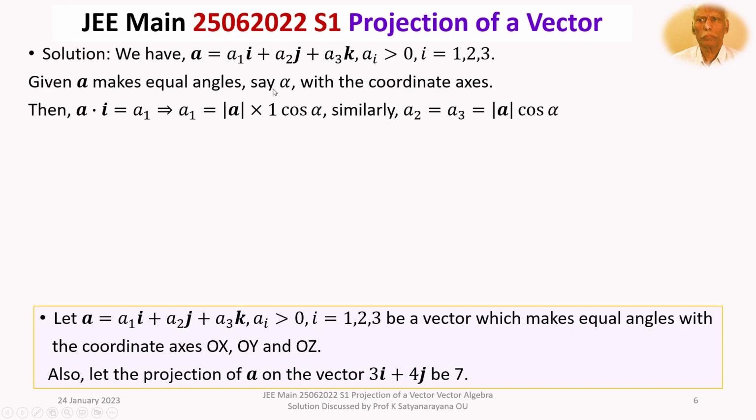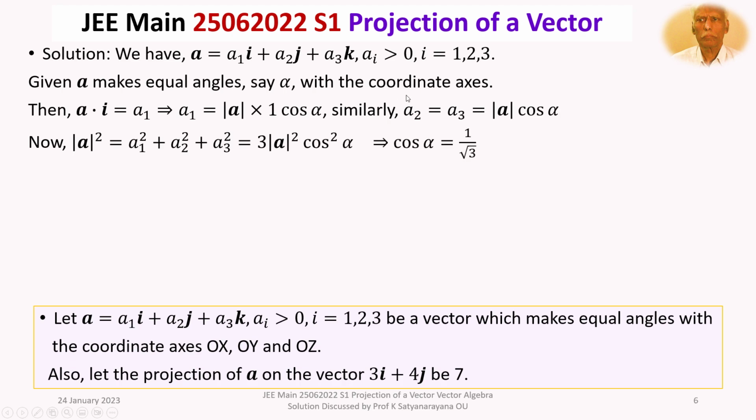Because it makes the same angle, we will get a2 and a3 each equal to mod A cos alpha. Now that means a1 is equal to a2 is equal to a3 is equal to mod A cos alpha.